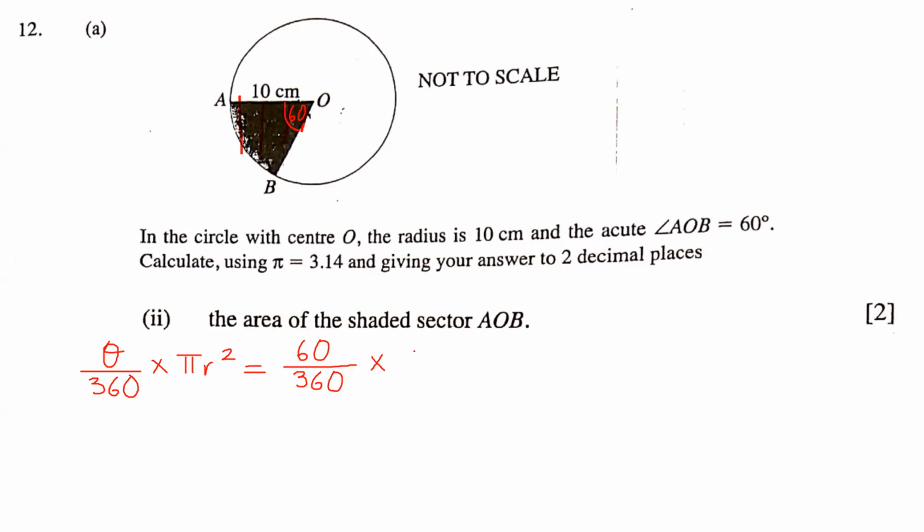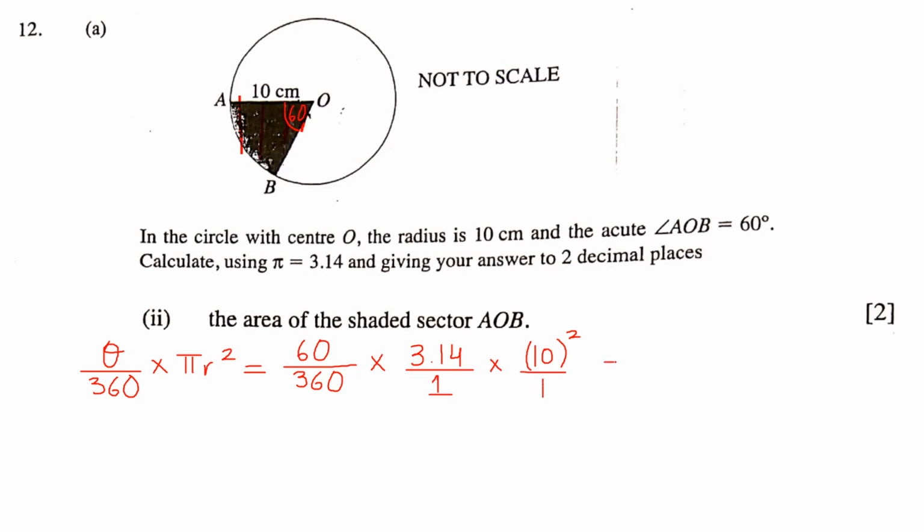Pi is going to be 3.14. So we have 3.14 all over 1 and multiplied by R squared. What is R? R is 10. That's the radius. So that's going to be 10 to the power of 2, so that's 10 squared all over 1.